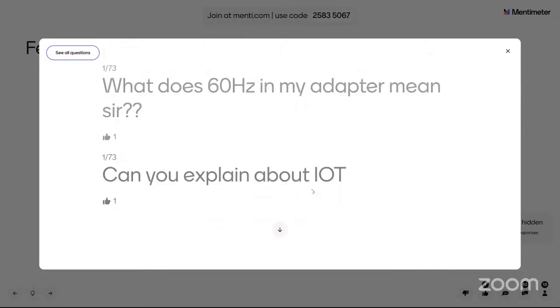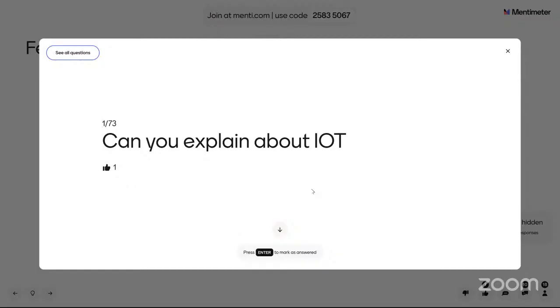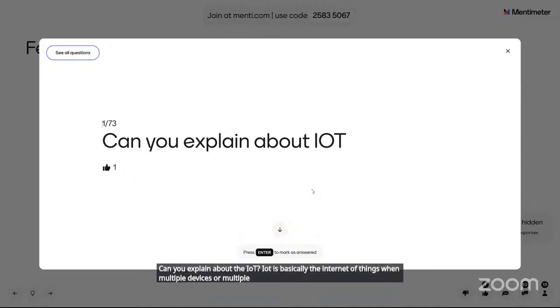Can you explain the IoT? IoT is the Internet of Things, when multiple devices or things are connected on the internet.